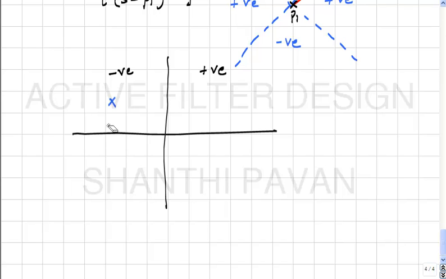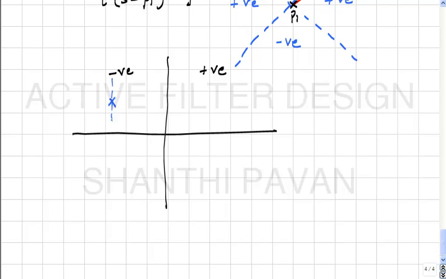If the residue happened to be real for this pole, and if you evaluated Z of S in the neighborhood of P1, then the real part of 1 by S minus P1, which is also a good approximation to the behavior of Z of S in the neighborhood, would have a positive real part on the right and a negative real part on the left.